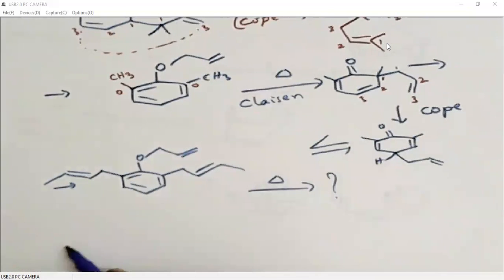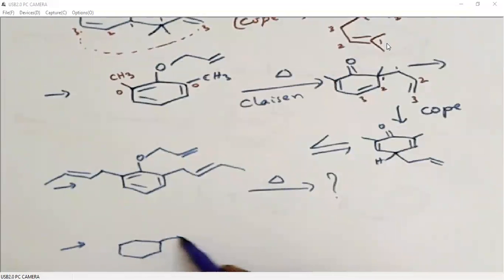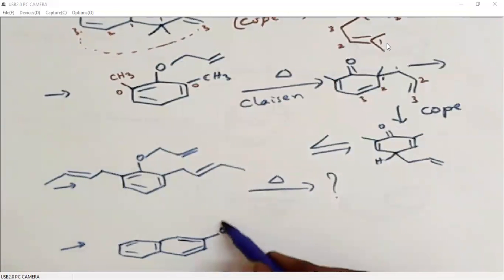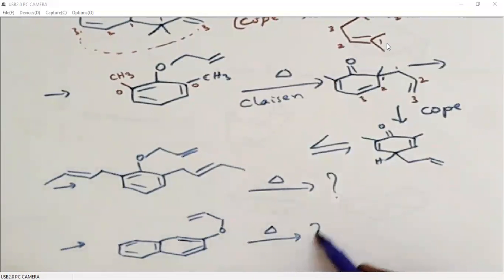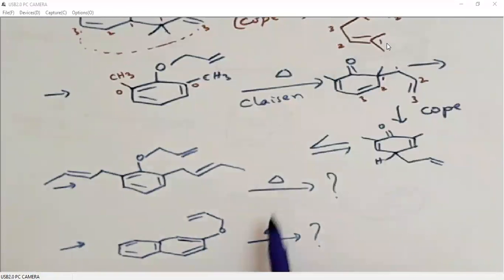I'll give you one more example. Of course, it is a straightforward problem. You can get it from the conformation I have given. So what is the product here? Okay. So you try to attempt the products in both these cases.